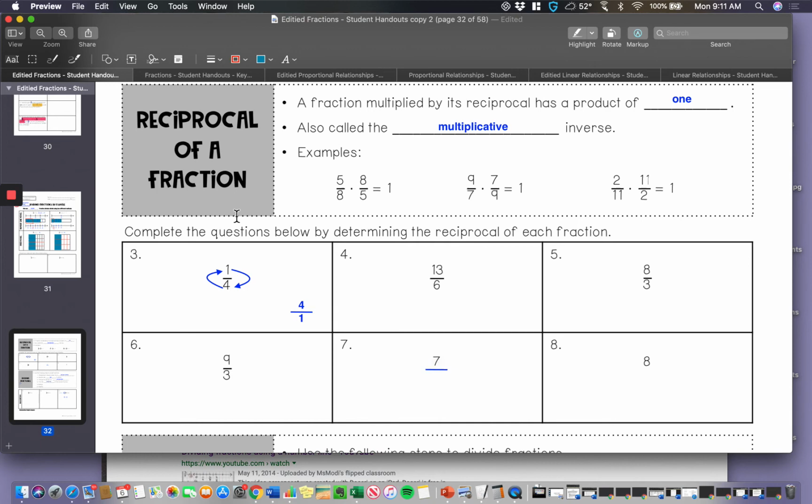So my new fraction is 7/1. Whole numbers get represented as fractions as itself over 1. So the reciprocal of 7/1 is going to be 1/7.